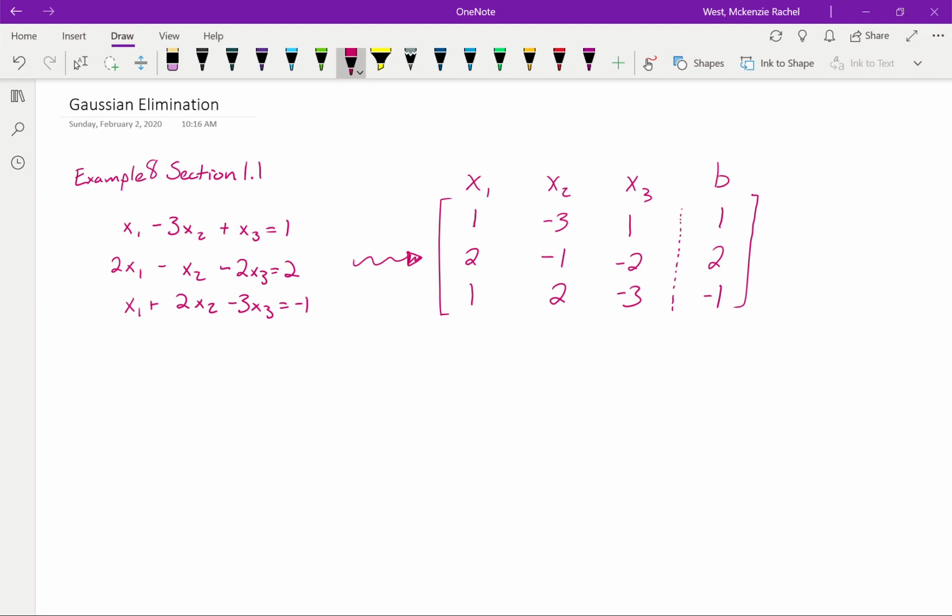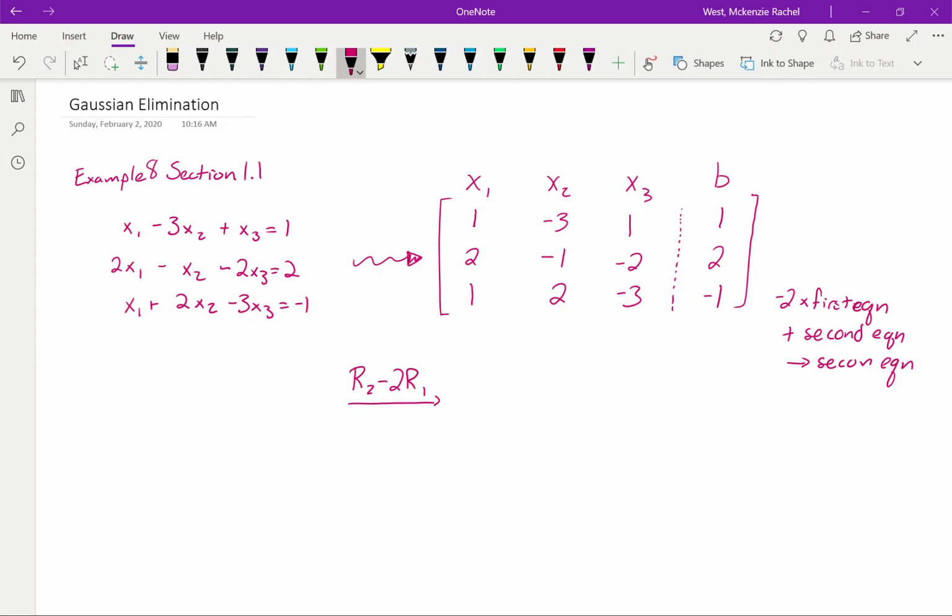Alright, so then this act of doing minus 2 times the first equation plus the second equation, replacing the second equation, is going to look like we're going to take the second row and subtract 2 times the first row.